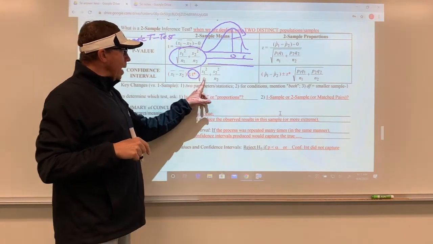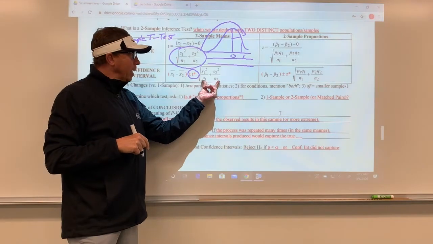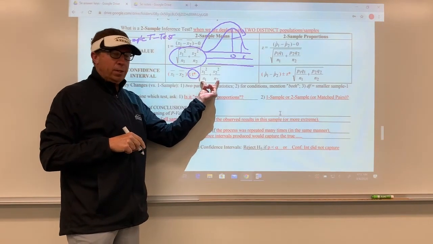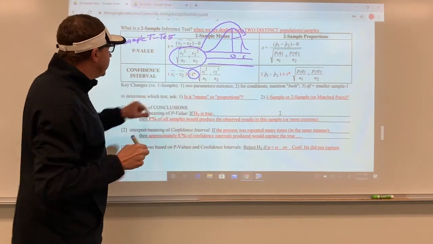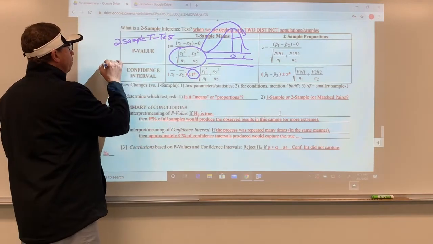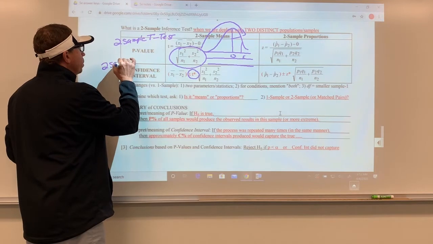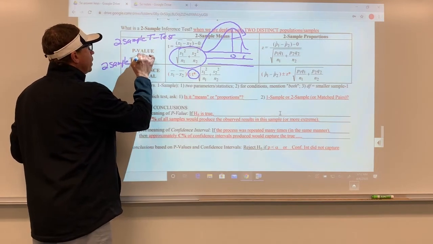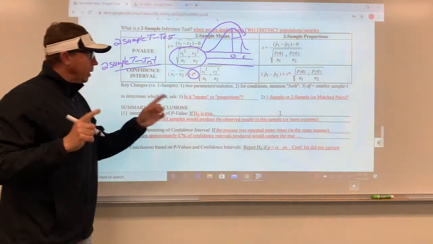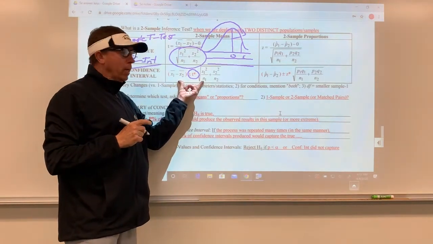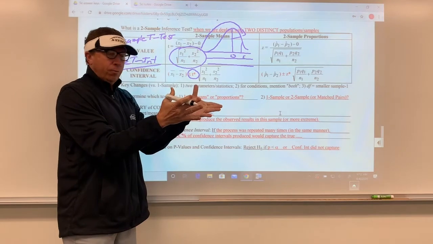And then again, you write the Pythagorean theorem essentially to combine the deviations for the 2 means, okay? Again, most likely to calculate this, you're going to do a 2 sample t interval, but please write that out and then let the calculator do the calculations for you.